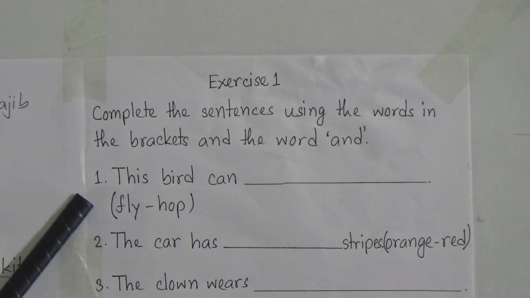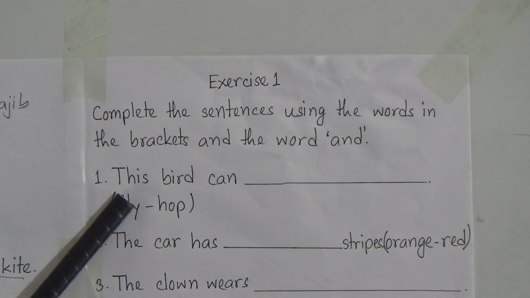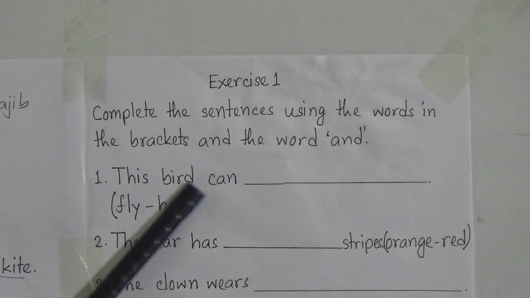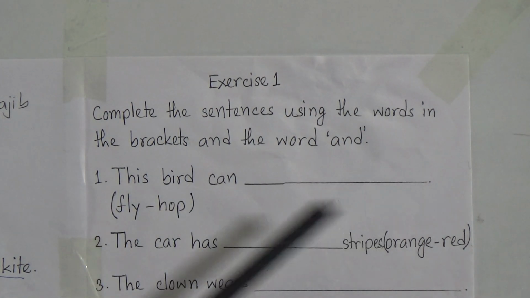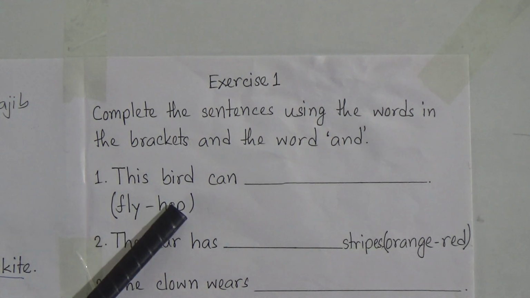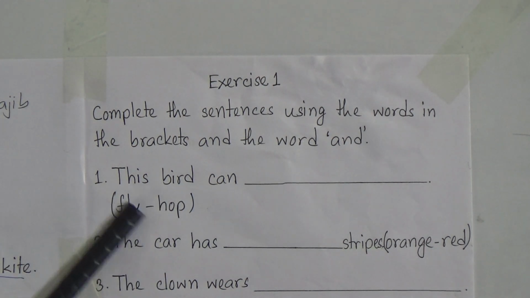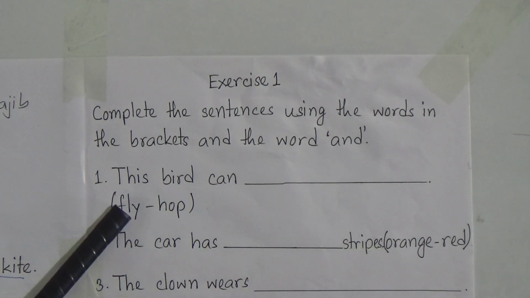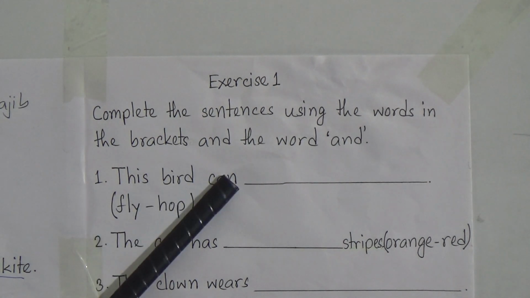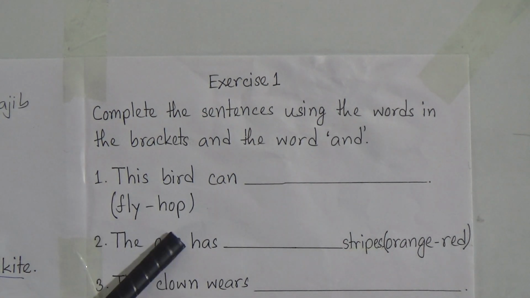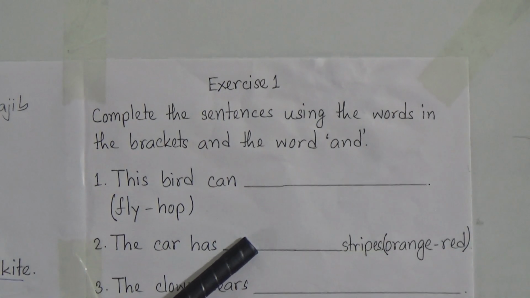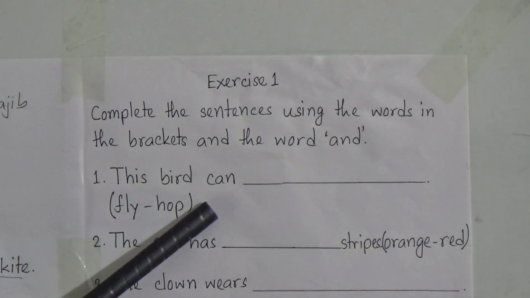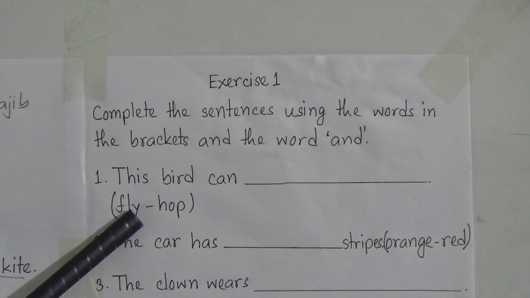Now look, the first exercise, number 1: This bird can dash, and there are two words: fly, hop. So we will join fly and hop using "and." And how will you join it? The bird can fly and hop. So we can connect the similar ideas using the word "and."